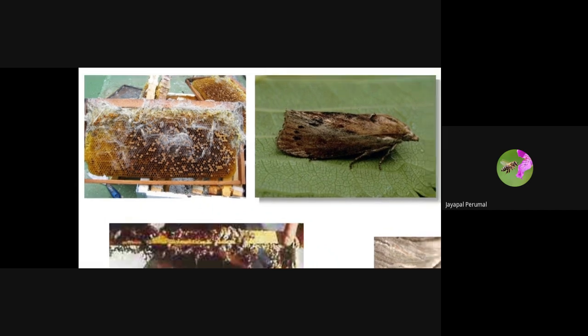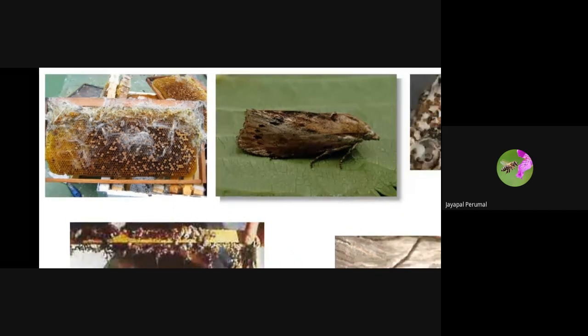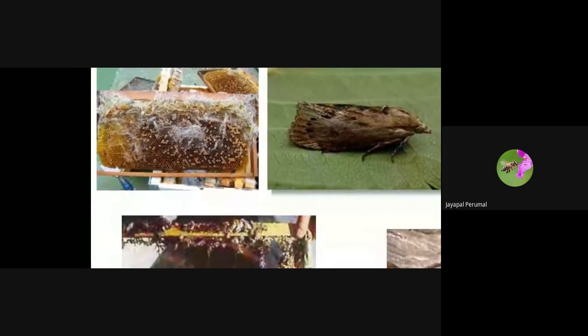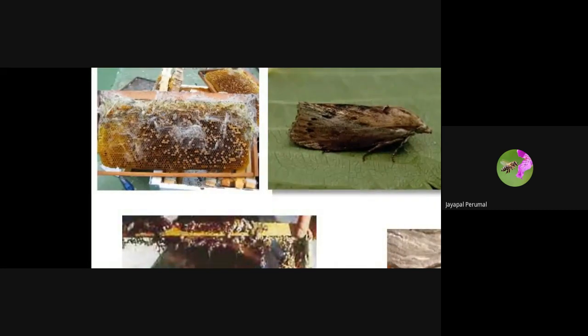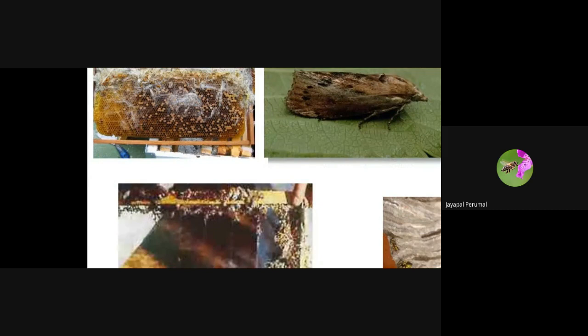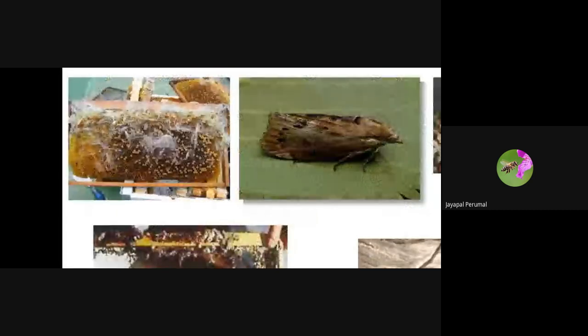The best remedy is to avoid unnecessary openings in the beehive, the bee box. Wherever there are unnecessary openings, we have to close them. If there is only one opening, the bees will be able to defend against enemies from that opening. So the incidence of wax moth will be reduced.